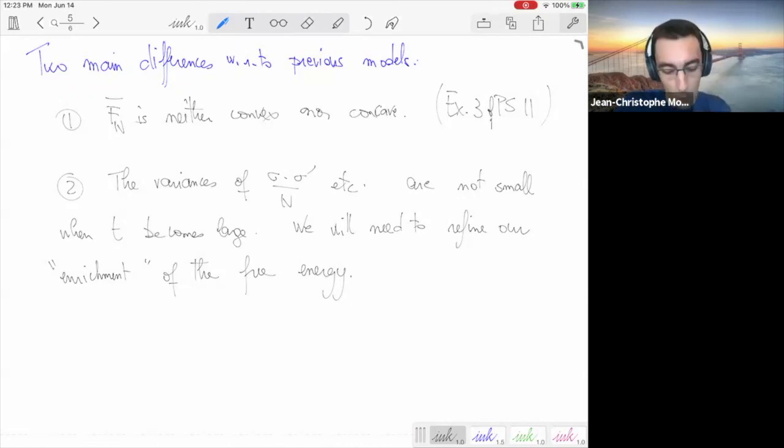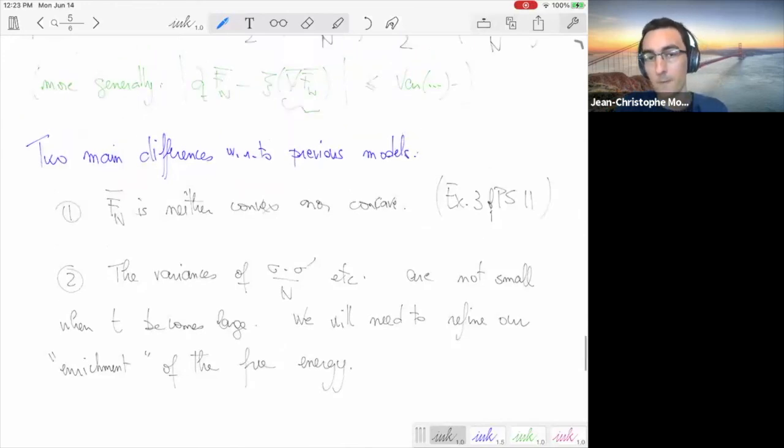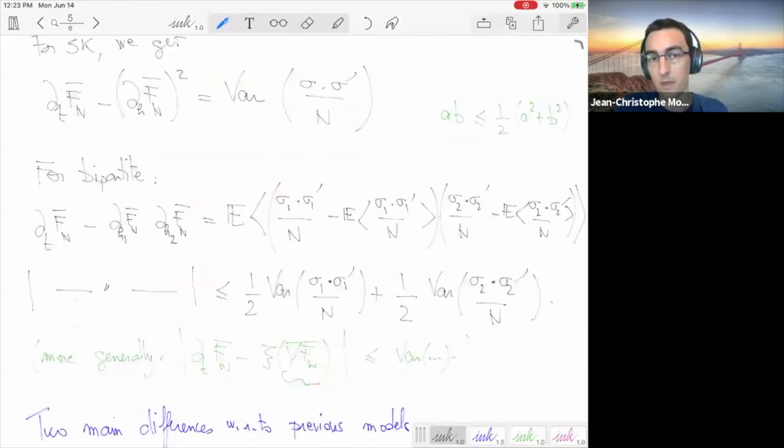So when you do this guess, pretending that these overlaps are concentrated, you start to single out some equations that look reasonable, and maybe they are good if these variances are small. And in fact, the true equations you can formally obtain by substituting all of the variables that show up by probability measures.